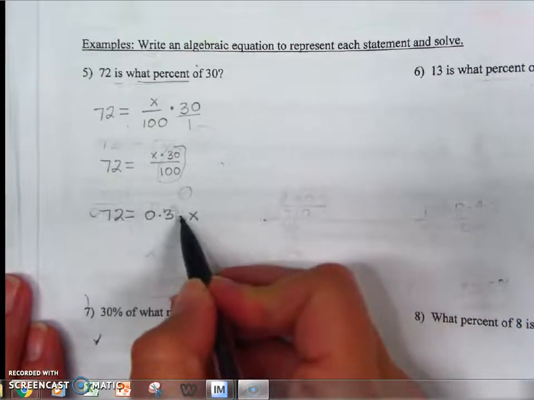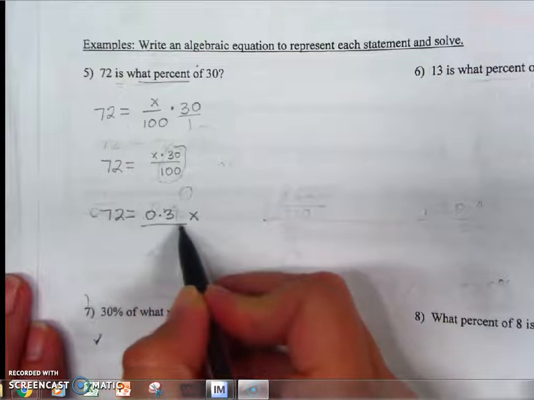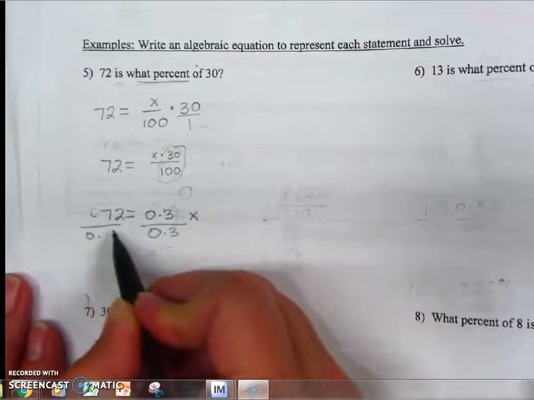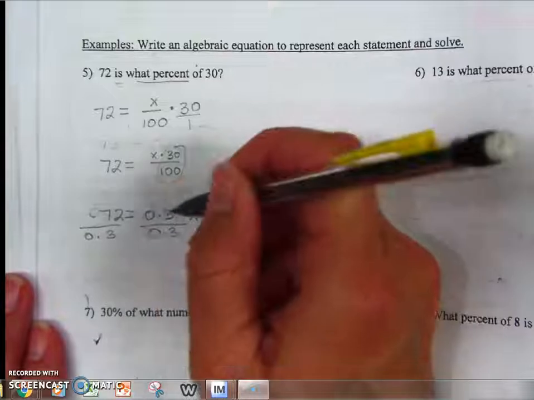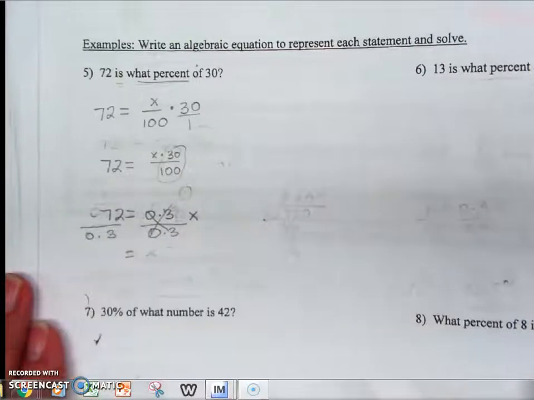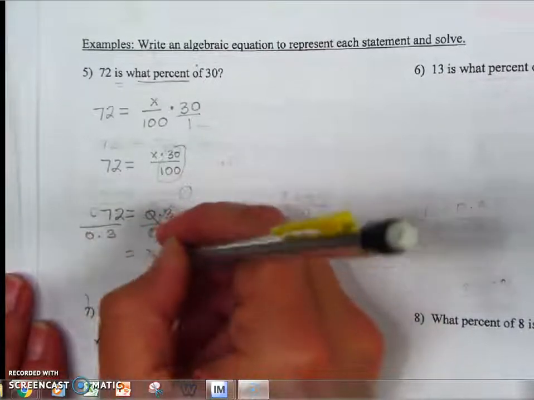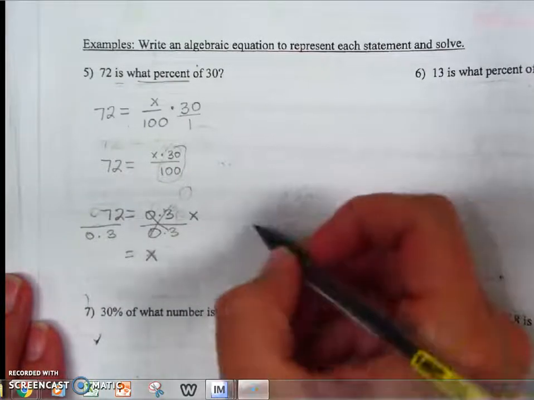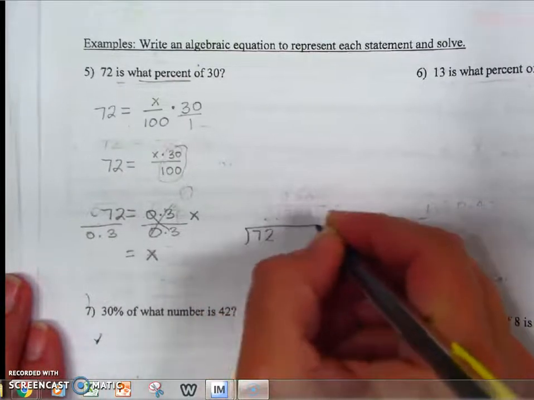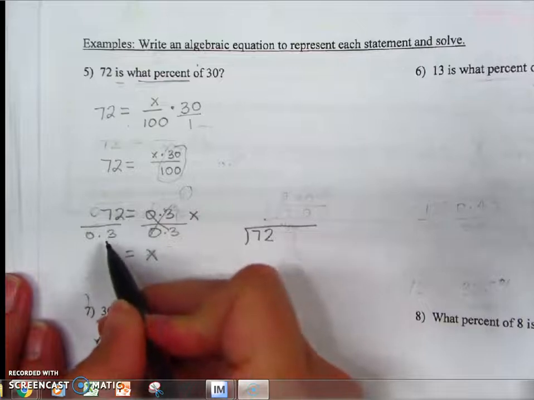Now, the opposite of multiplying by 0.3 is dividing by 0.3. And so that's what I'm going to do to get that variable by itself on that side. So these will cross out because they equal 1. And I have to work out some division there to figure out what x equals. Remember, top dog in the doghouse would mean 72 would be on the outside, and 0.3 would be on the inside.